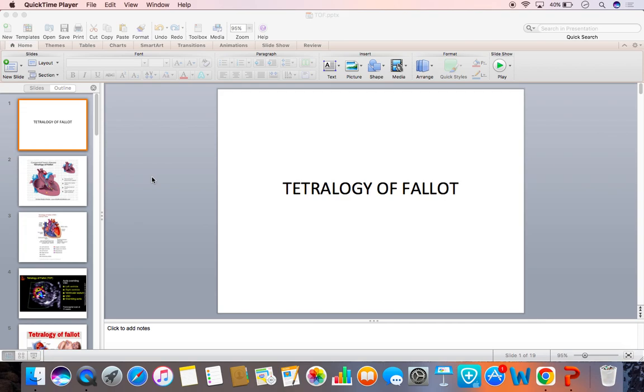What is the clinical presentation? In the neonatal period, during the early childhood, and later part of the childhood. How does the neonate present? There could be signs of congestive heart failure if pulmonary stenosis is mild and there is good pulmonary circulation, and the degree of cyanosis will be mild.